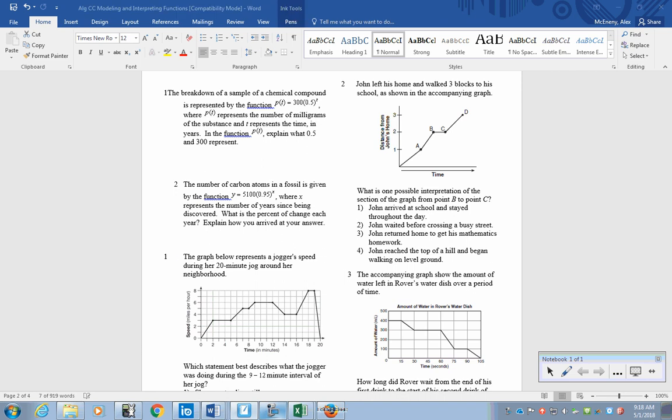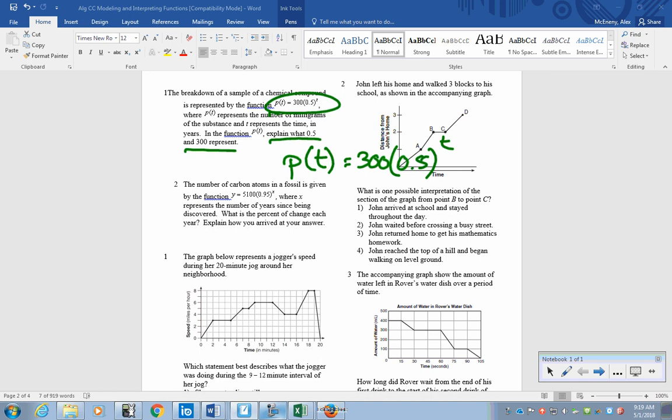So this is the function, and I'm going to rewrite this. 0.5 to the T. It says P of T represents the number of milligrams of the substance, and T represents the time in years. Okay? So, when we're talking about an exponential function, there's two parts to it, and that's the part they want us to explain, what the 300 and the 0.5 represents.